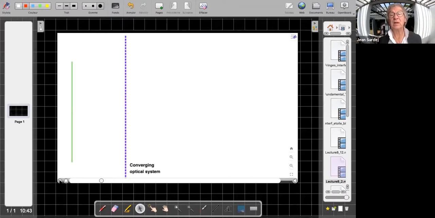Here is a pupil plane and also an axis indicating the positive direction of the x-coordinates. And finally, we have the focal plane, also with an axis indicating the positive direction of the p-coordinate.